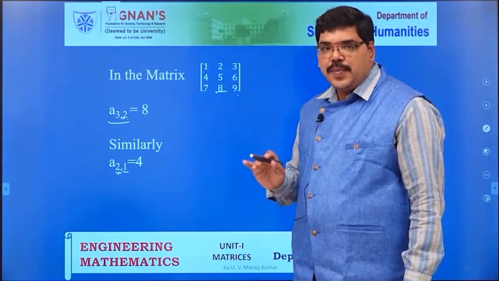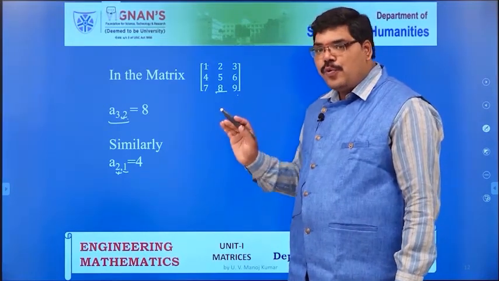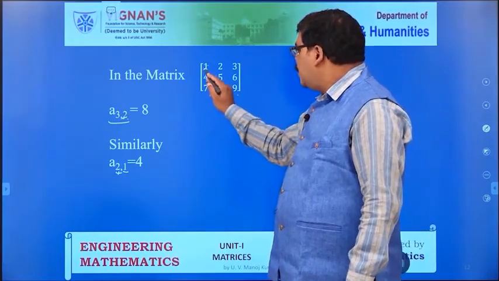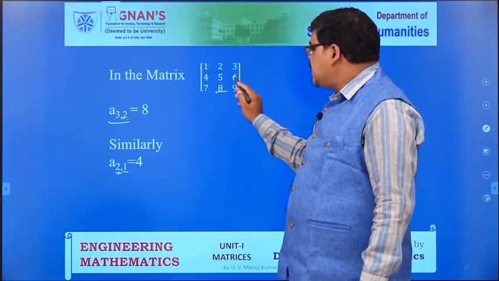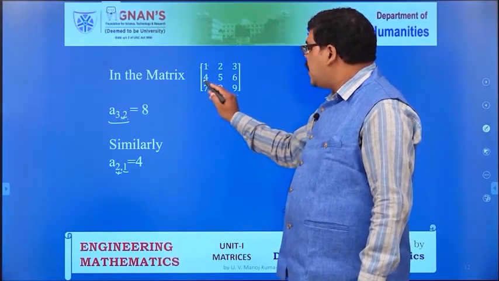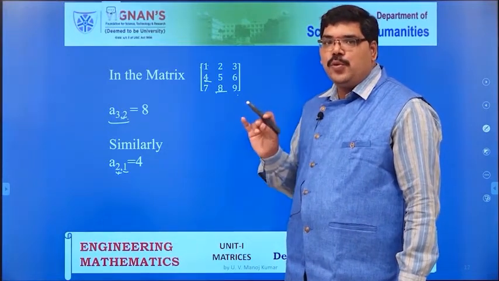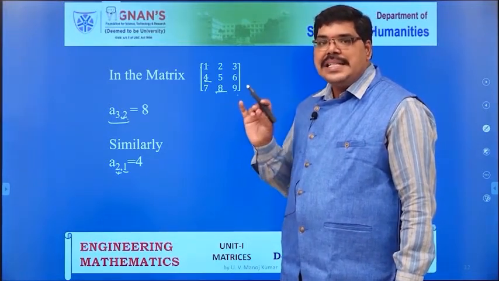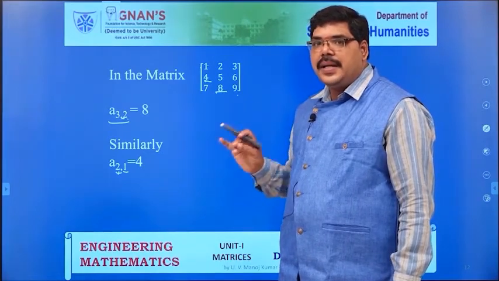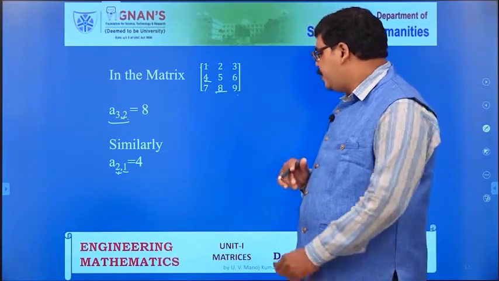A21 corresponds to second row, first column. This is the first row, this is the second row. Second row, first column means 4. So A21 is 4.